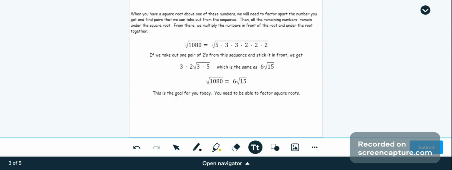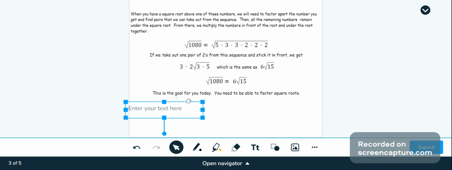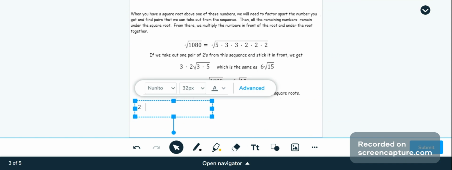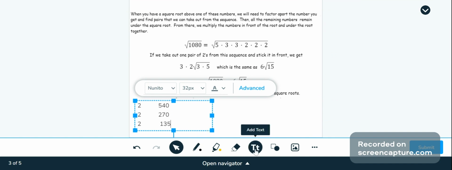Because if you know that, you go, it's just divisible by 2. 1080 divided by 2 is going to be 540, which is also even. So it can be divided by 2, which is going to give me 270, which is also divided by 2, which is going to give me 135, which is not even anymore.